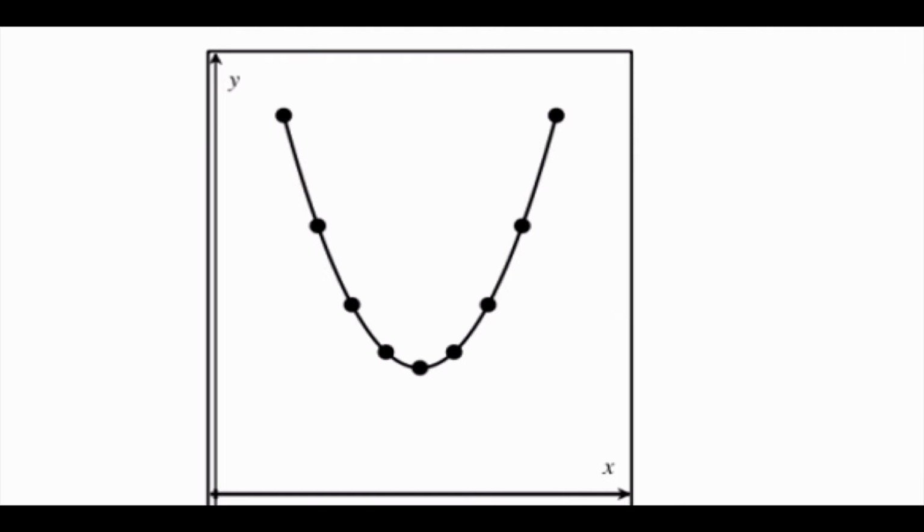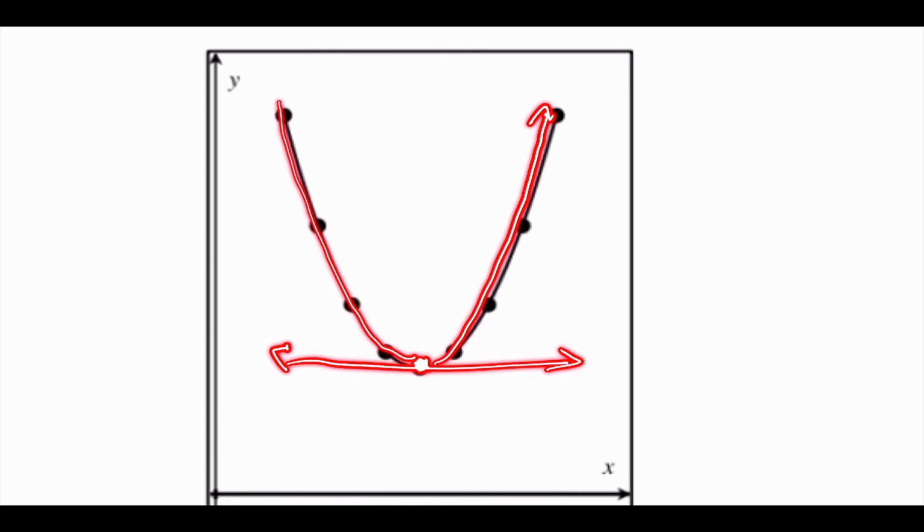It's increasing and decreasing. Good. What else? It's decreasing here. This dot right here would have a zero derivative. And then after that, it's increasing. Good.